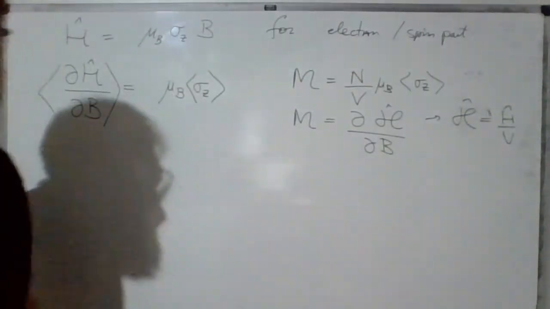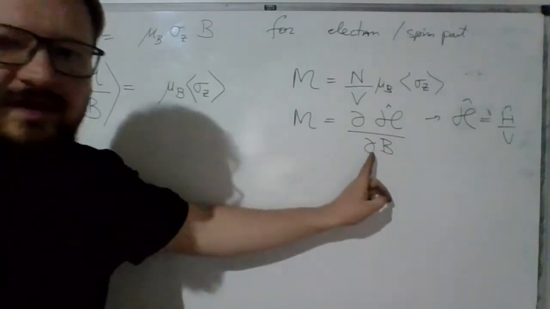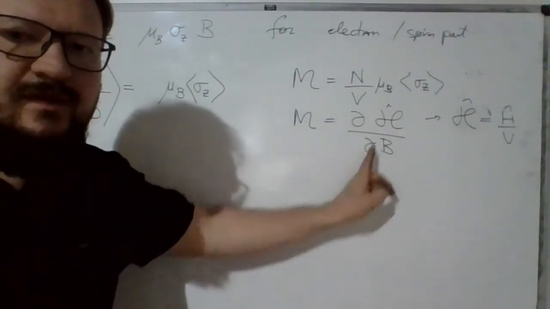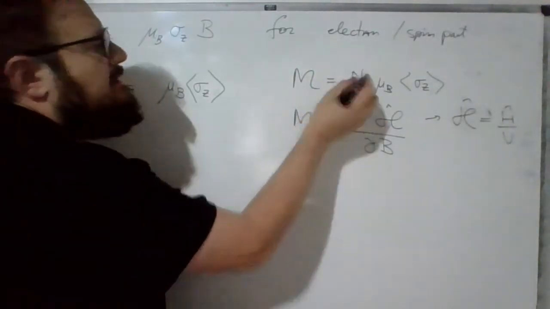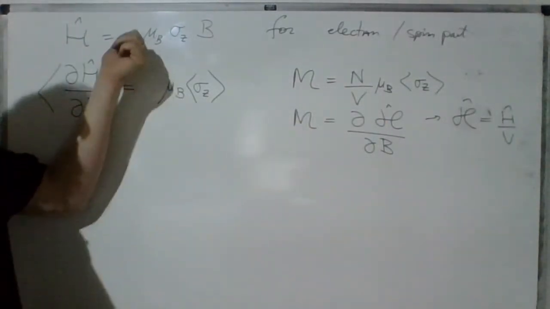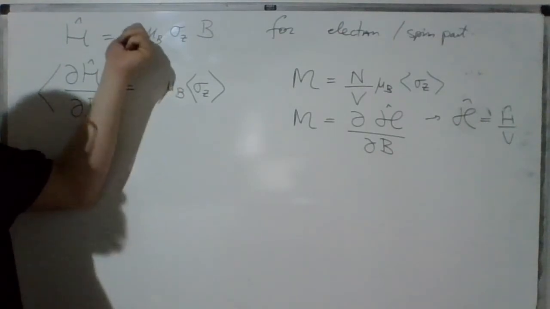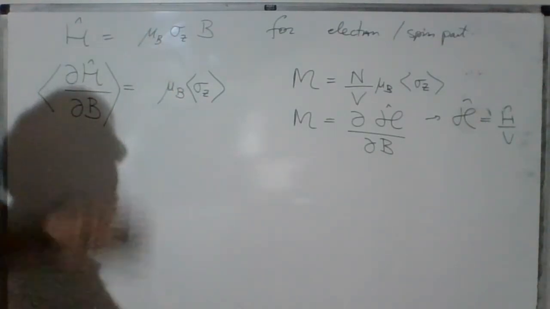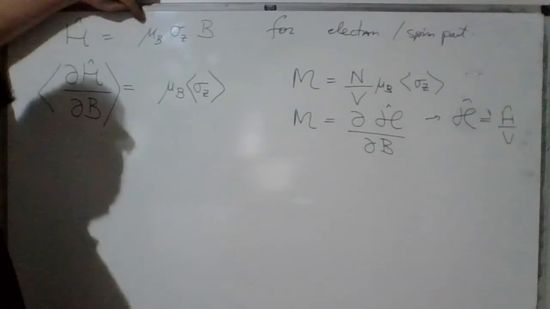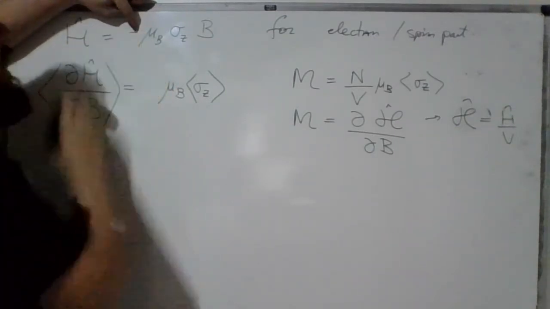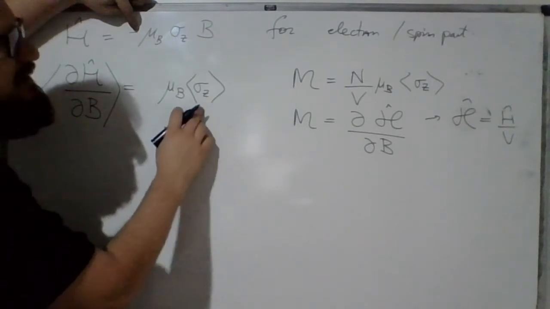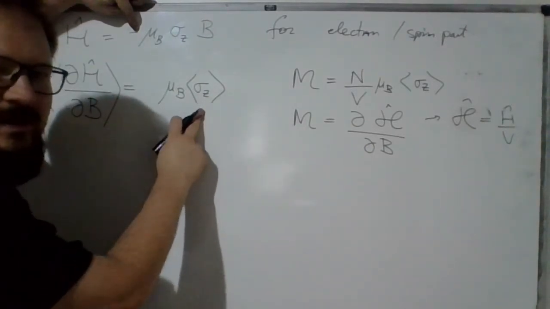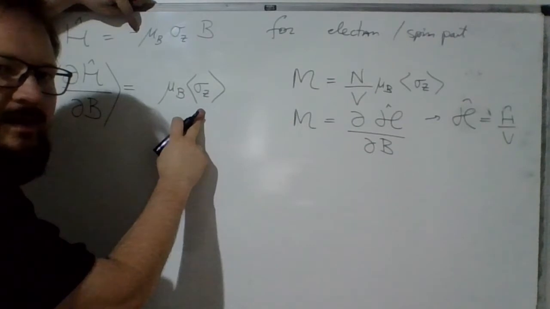So magnetization in general corresponds to the derivative of this here. But there is a minus sign here because for electrons we have a negative charge. So for instance, if you would have a positive charge, you would not have the minus here. And positive charges would produce, in the presence of a magnetic field, spins up in the majority and spins down in the minority.